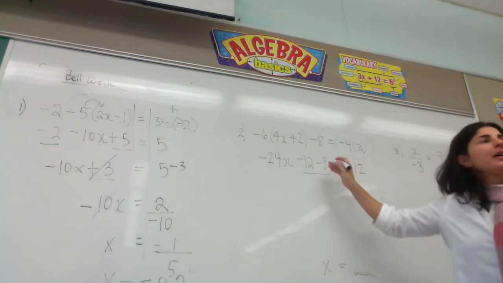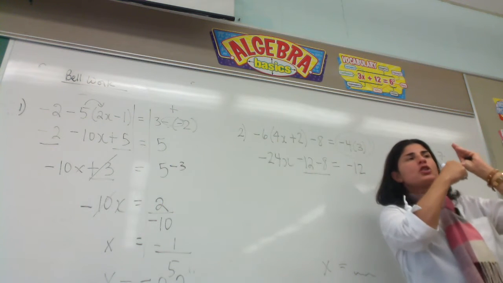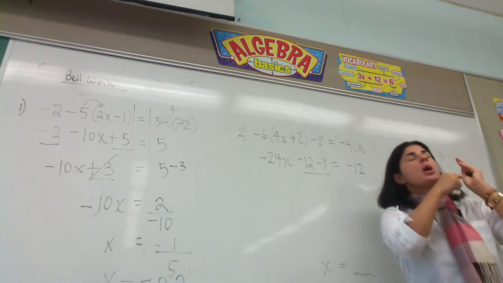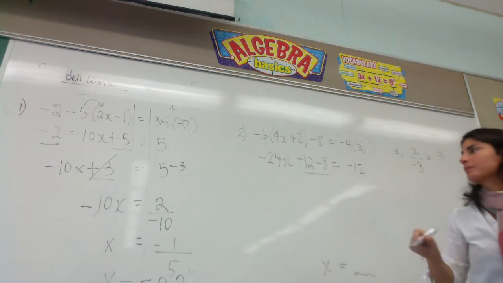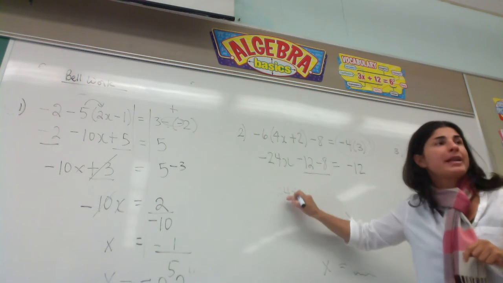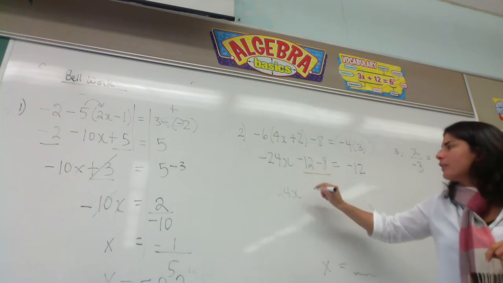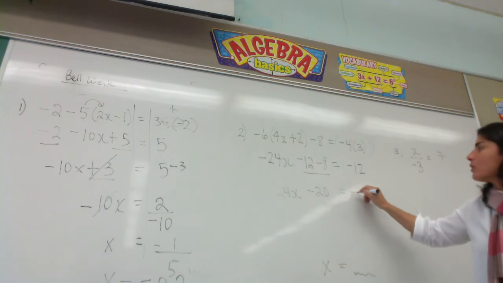The negative 12 and the negative 8. Do you agree? Yeah. Okay, so on your calculator, do negative 12 minus 8. What do you get? Negative 20. Good. So now negative 24x is first. Wait patiently. We do the minus 20 as a simplifying situation, equals negative 12.